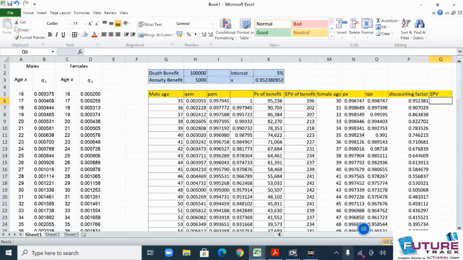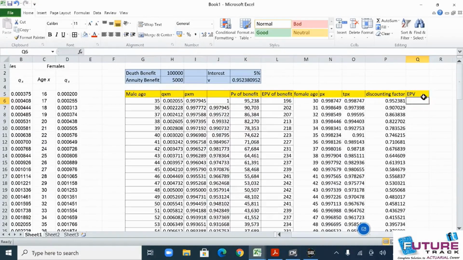So class, EPV of the annuity benefit. First we have the annuity benefit amount A, 5,000 rupees, into 1 minus the probability of male survival, into the survival of female, into the discounting factor. Fine. So class, we get this.